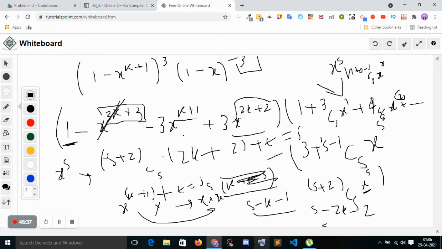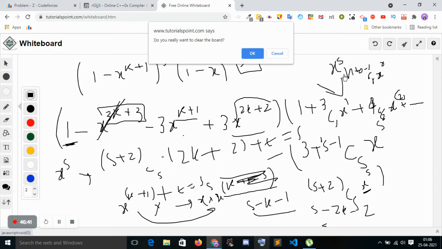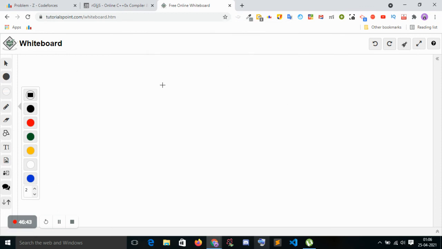So our formula becomes like this. First we get x to the power s with coefficient multiplied by 1. Second we get x to the power k plus 1 multiplied by x to the power s minus k minus 1, whatever the coefficient I will multiply.